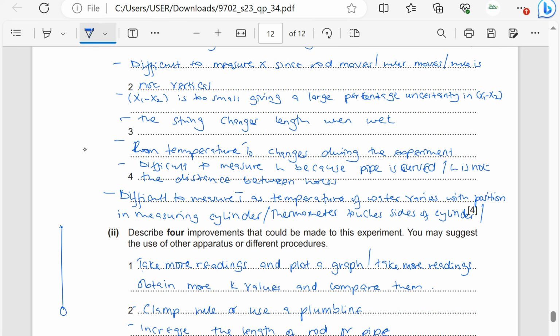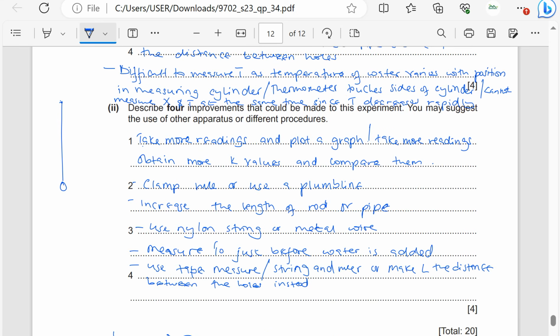When you first measure T before X, by the time you move to measure X, T will have changed, because the temperature decreases rapidly. When you pour boiling water into the cylinder, its temperature starts decreasing. So you cannot measure X and T at the same time, since T decreases rapidly.